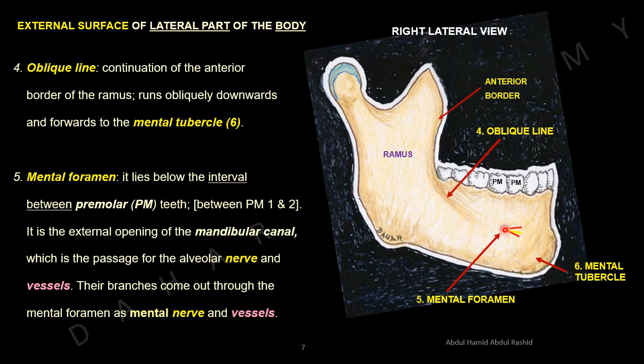It is the external opening of the mandibular canal, which is the passage for the alveolar nerve and vessels. We are going to discuss this one later. The canal consists of the alveolar nerve and vessels, and its branches come through this mental foramen as the mental nerve and vessels.